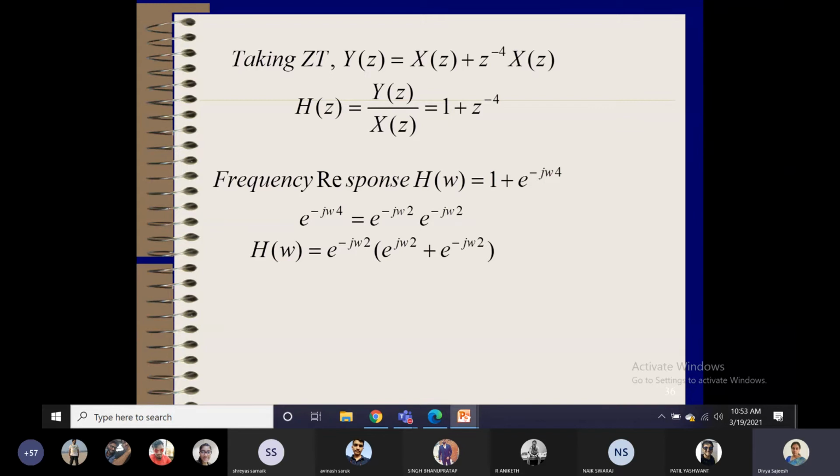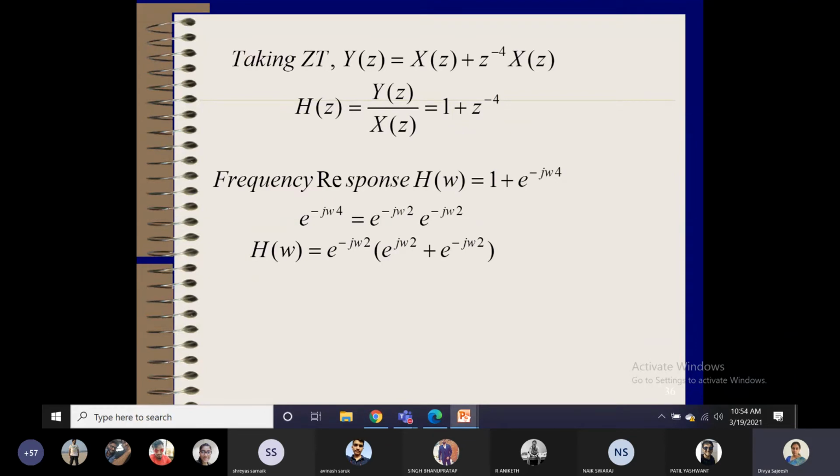Take e raised to minus j omega 2 common from the terms. The first term doesn't contain it, but the second term contains two factors of e raised to minus j omega 2. If I take that out, then the first term will become e raised to plus j omega 2, and from the second term, one of the factors will go out, so what is left is e raised to minus j omega 2.